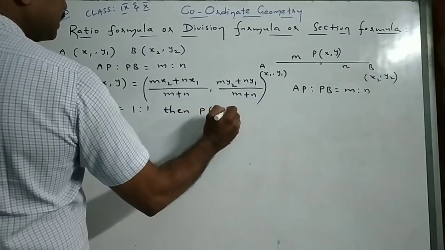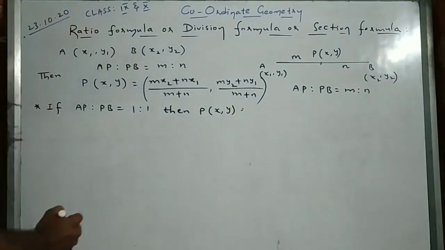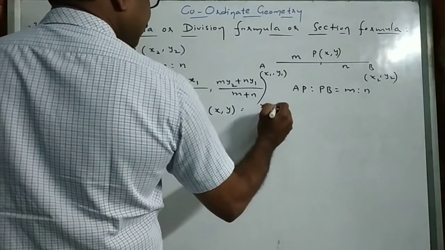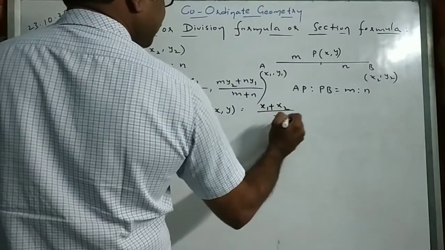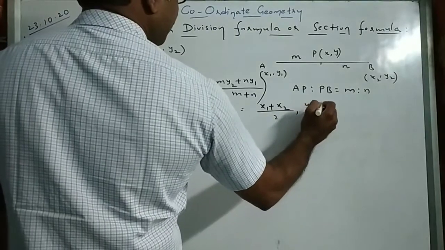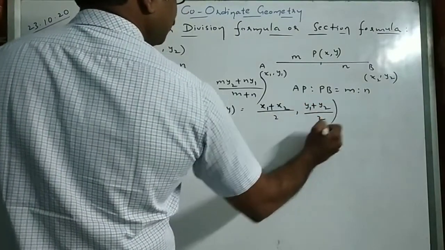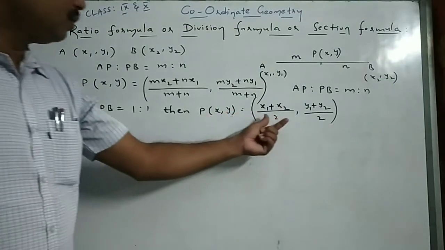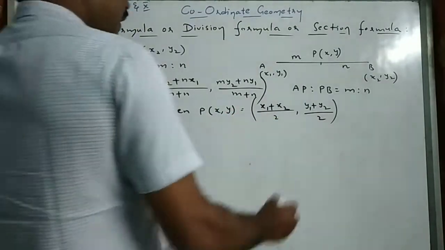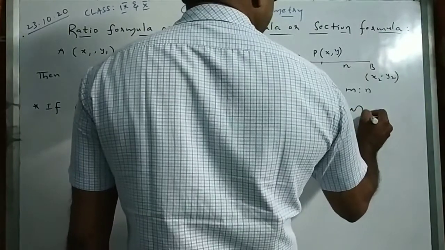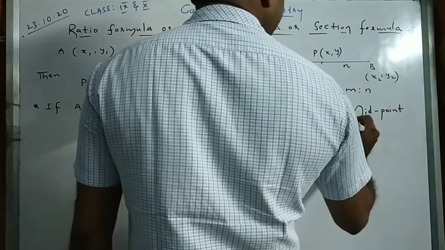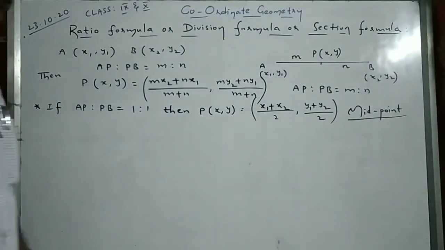Then P of x comma y is equal to x1 plus x2 by 2 comma y1 plus y2 by 2. This is the formula to find midpoint, coordinates of midpoint. Remember carefully.